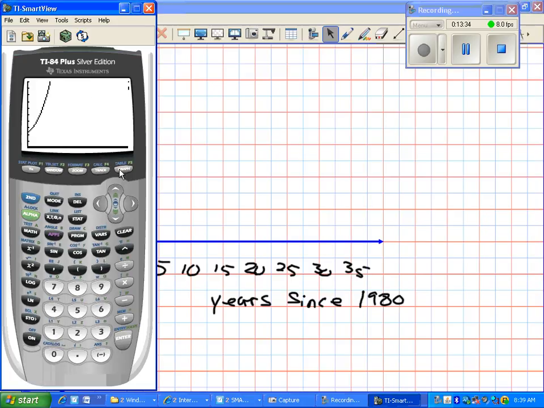I changed the wrong one. Let's go back. Keep that as 40. But instead of this being 10, let's change this to 50. And that's probably a little high. I probably could have made that also 40, and that would be a good look for us.